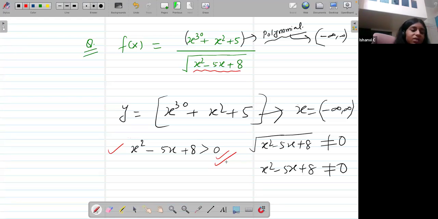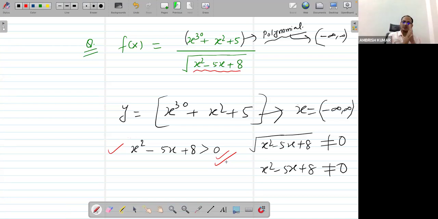Sir, I didn't get the right answer. I'm not able to figure it out. Can you help me? You know one thing, the discriminant of a quadratic, b square minus 4ac. Tell me how much is the discriminant here.